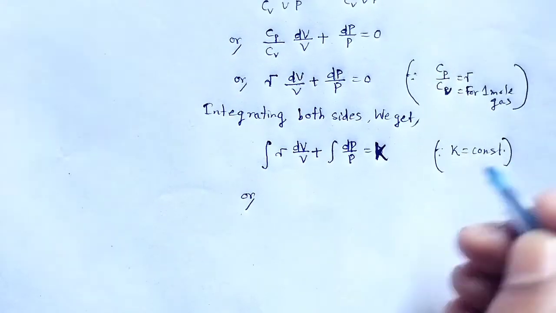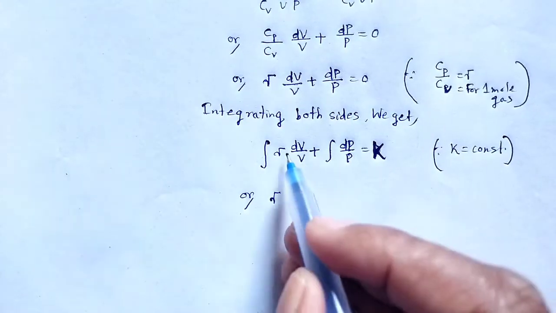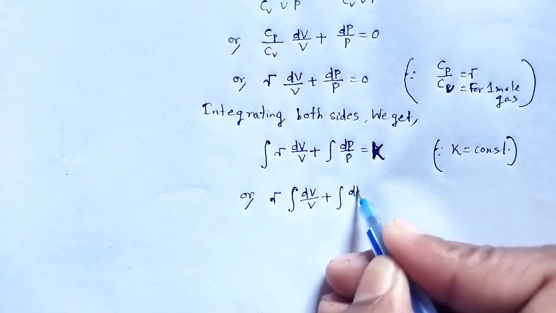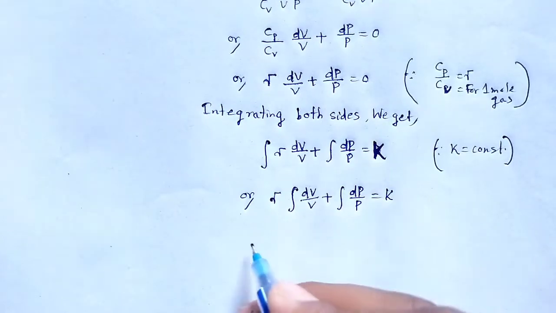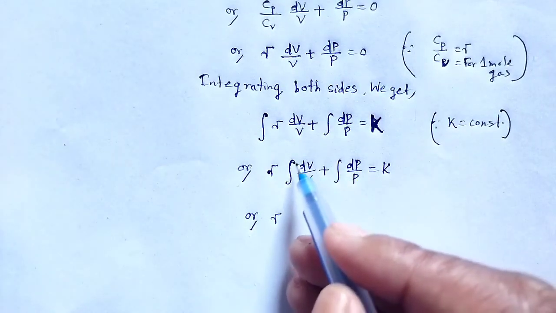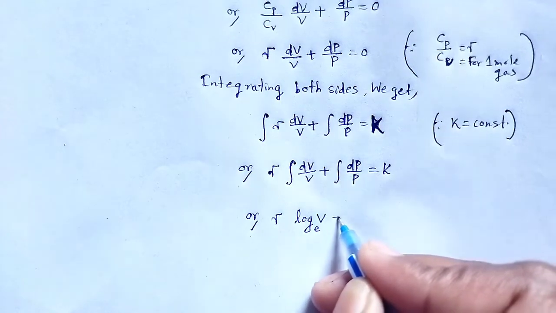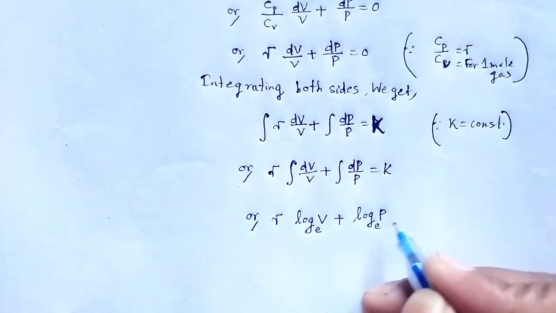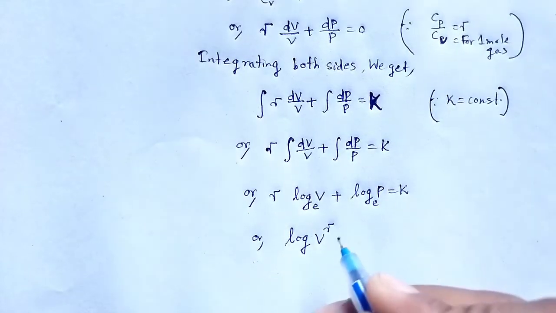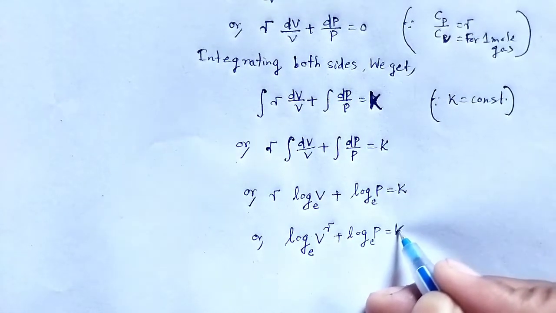So gamma, being constant, comes outside: gamma integration of dV by V plus integration of dP by P is equal to k, or gamma log V base e plus log P base e is equal to k, or log V to the power gamma base e plus log P base e is equal to k.